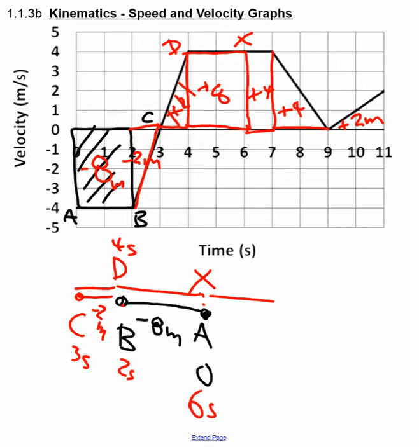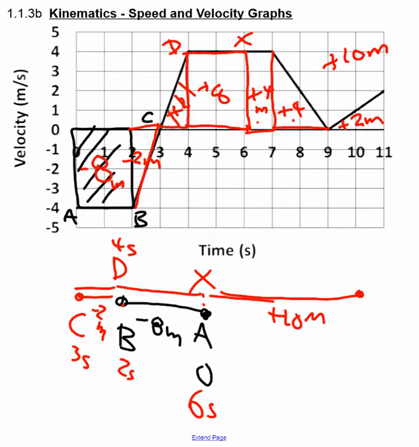Okay, so the final displacement of this object, you can cancel out these areas and we end up with a final displacement of plus 10 meters, right? 4 plus 4 plus 2, plus 10 meters. So this thing ends up plus 10 meters to the right of its point of origin.